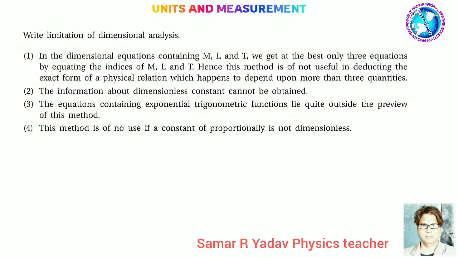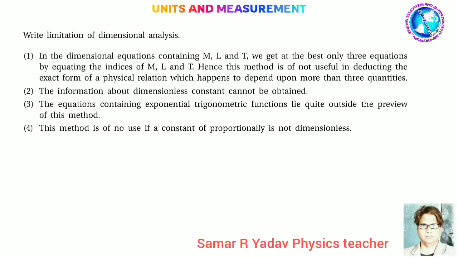Write limitations of dimensional analysis. First, in the dimensional equations containing capital M, capital L and capital T, we get at the best only three equations by equating the indices of M, L and T. Hence this method is not useful in detecting the exact form of the physical relation which happens to depend upon more than three quantities.